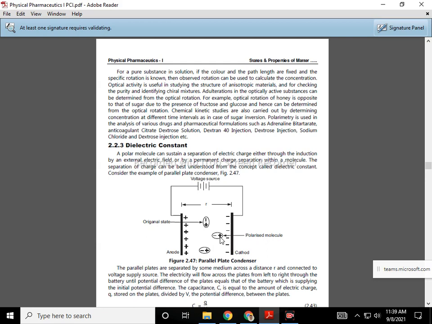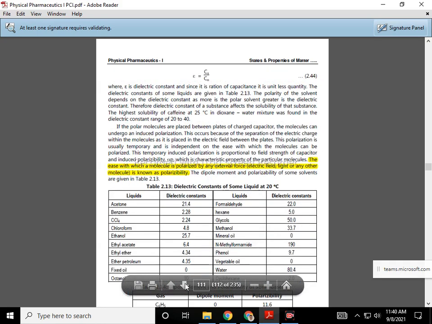We can conclude that water is highly polarized, so by doing some calculation we get this value as 80.4, because water is highly polarized.